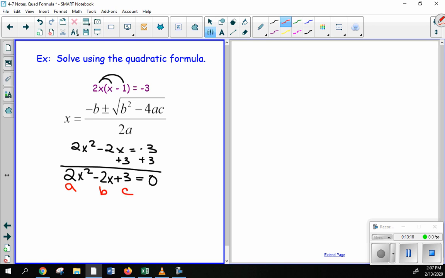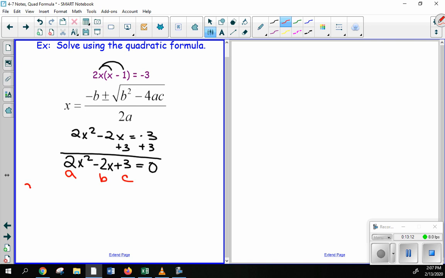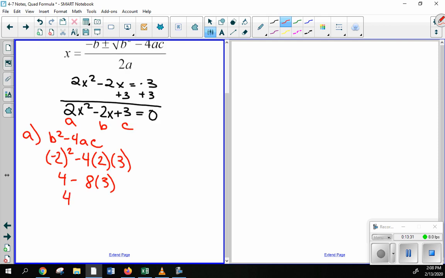So for part A, I'm going to find the value of the discriminant, which is b squared minus 4ac, which is negative 2 squared minus 4 times 2 times 3. Negative 2 times negative 2 is 4, minus 2 times 3, so 4 minus 24 is negative 20.